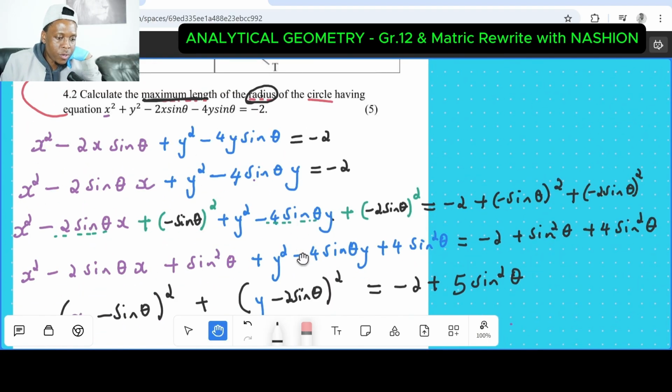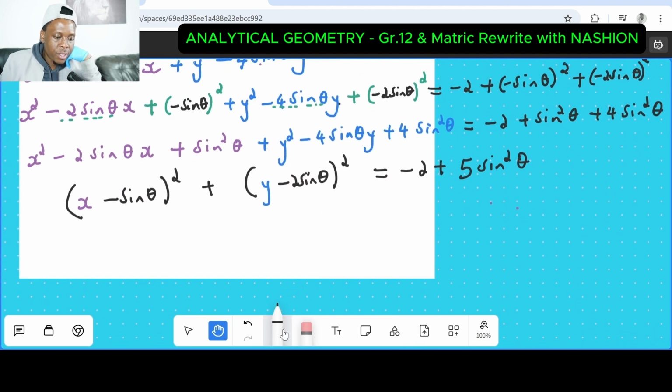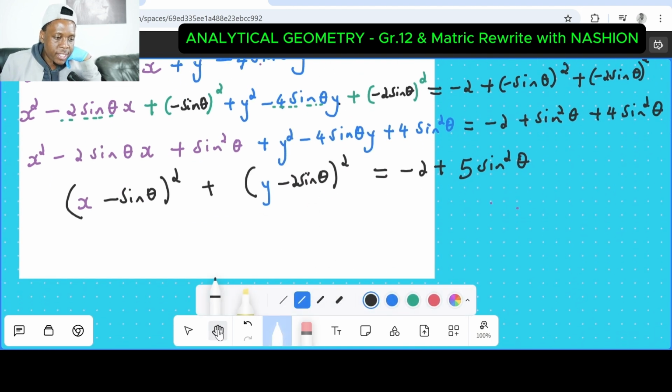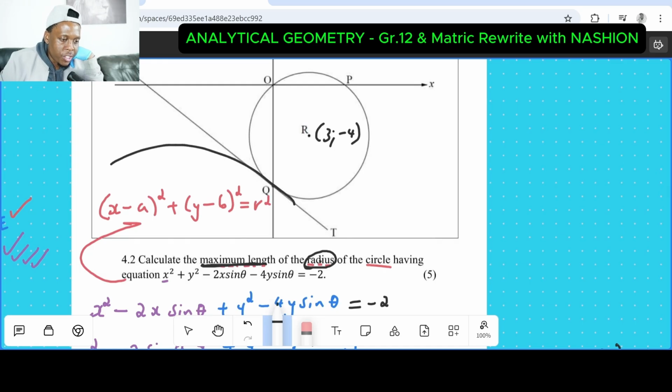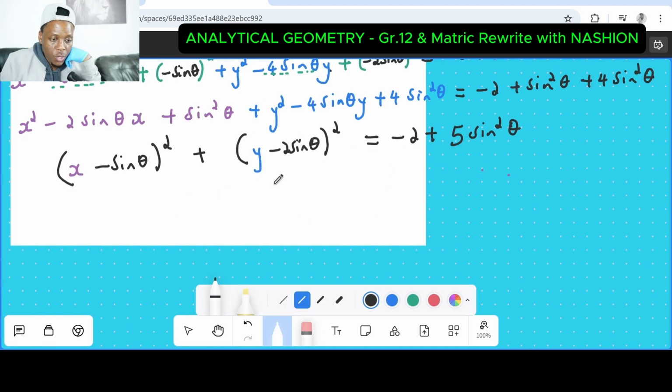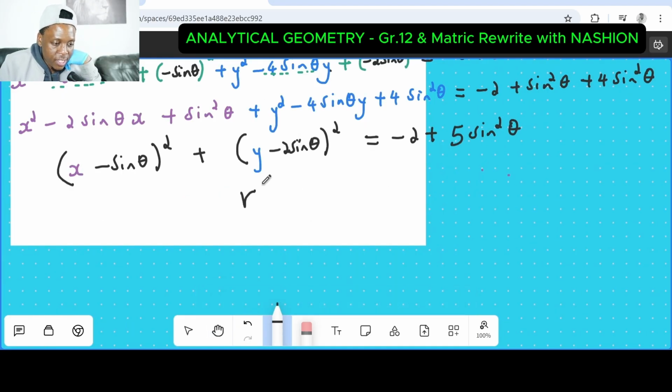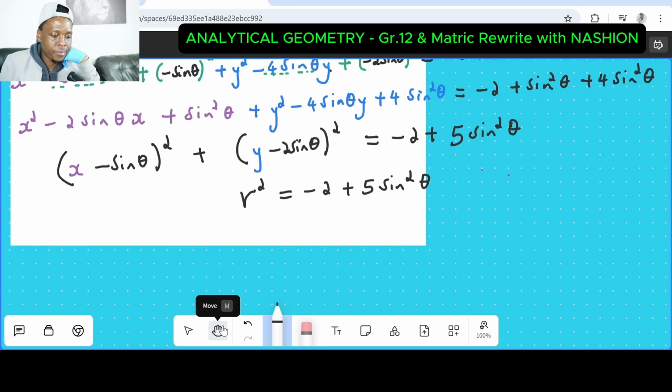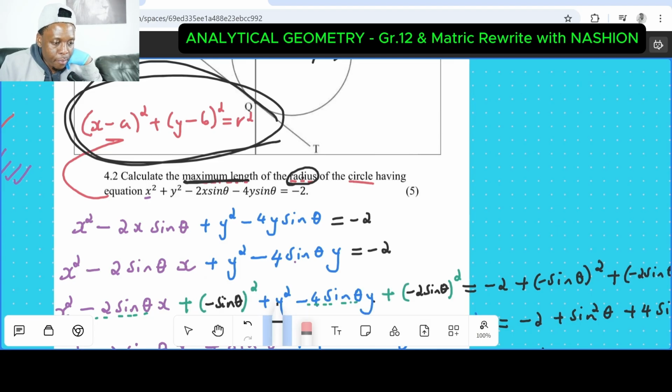Okay, now that we have the equation in standard form, remember according to the standard form, which is this form right here, the right hand side is r squared. So here, the right hand side is r squared, which is negative 2 plus 5 sine squared theta. And they want us to calculate the maximum length of the radius.